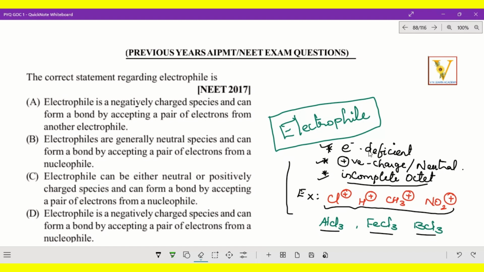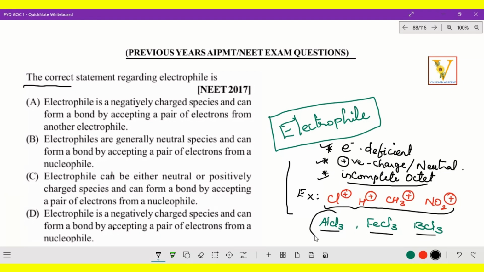So these are all the points applicable when we are talking about an electrophile or electron poor species. Just examples: Cl plus, H plus, CH3 plus, NO2 plus, these are all applicable under electrophile. And general examples, AlCl3, FeCl3, BCl3, these all belong to electrophile.